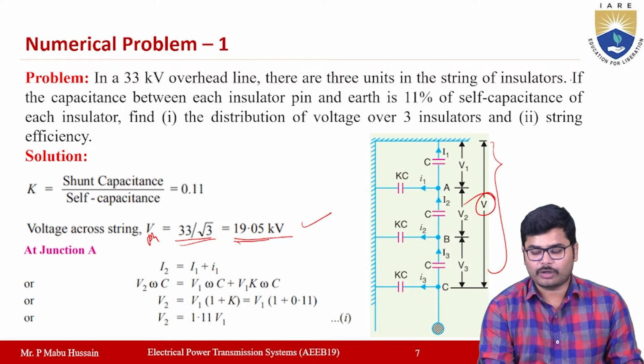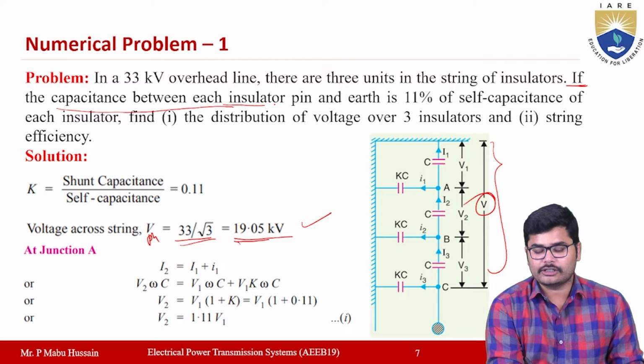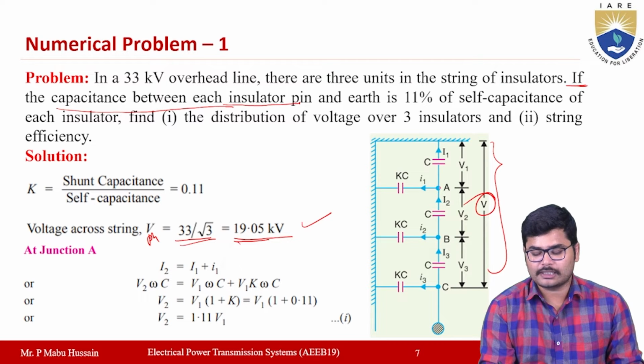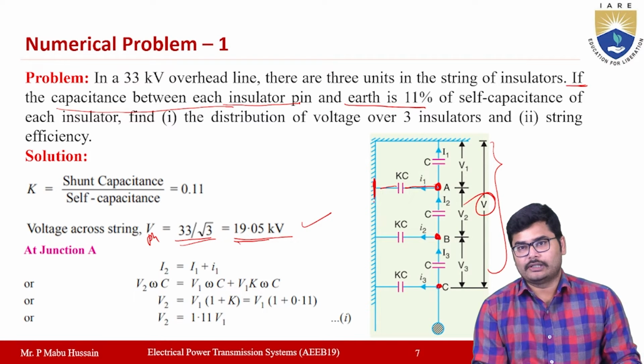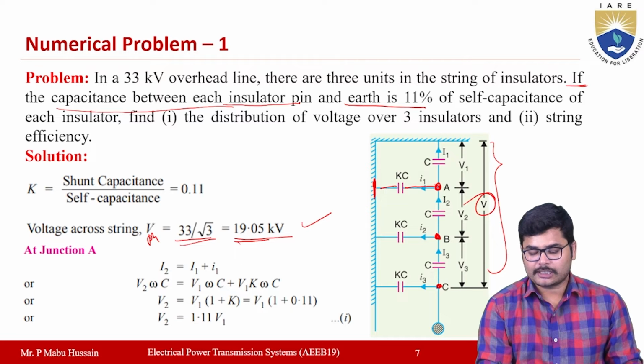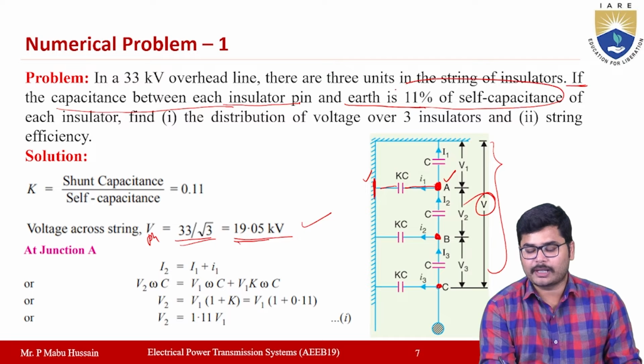Now here, if you see the problem, they are saying the capacitance between each insulator pin and earth. Earth here means the tower structure. The capacitance between the insulator pin and the tower structure or earth is 11% of the self capacitance.